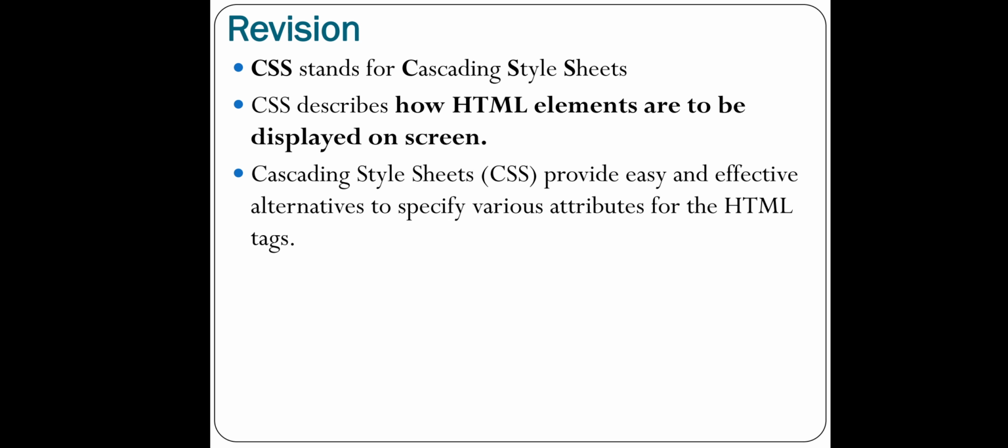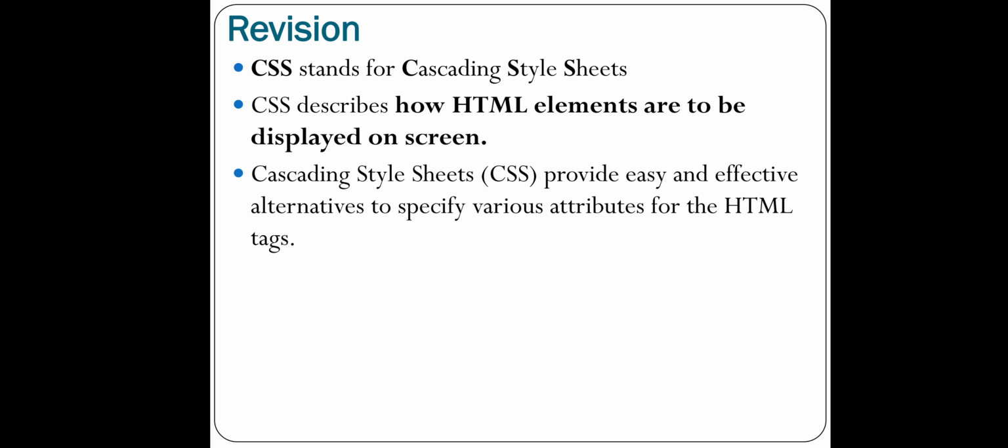Before moving to the assignment, we will quickly revise for what purpose CSS is used. CSS stands for Cascading Style Sheet. Why am I stressing this full form? Because many of you have written that CSS means cascaded style sheet. Mind well students, it will be considered a wrong answer. So the CSS full form is Cascading Style Sheet.